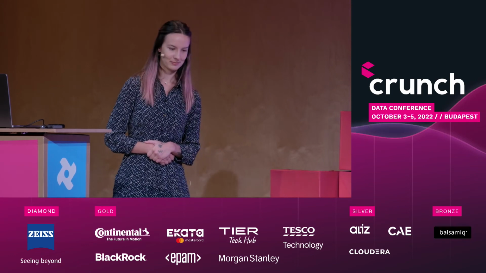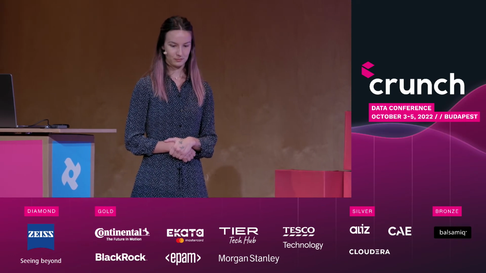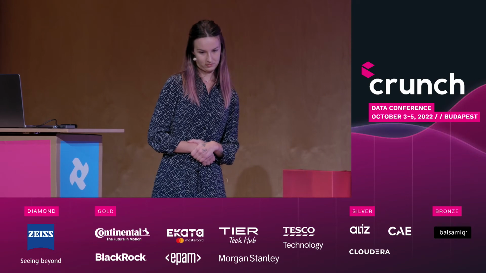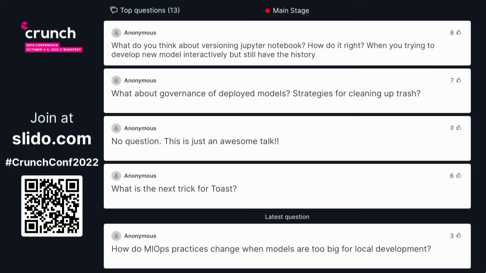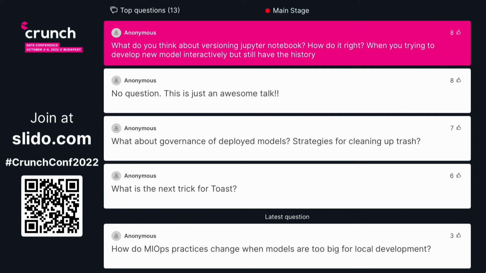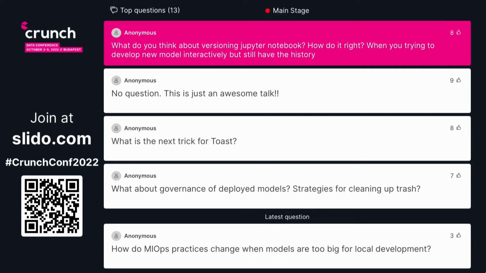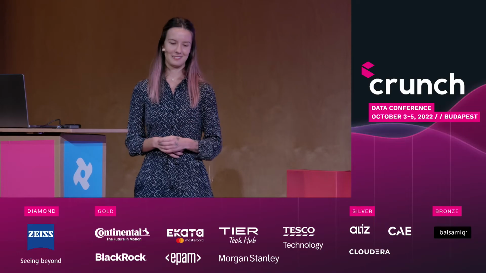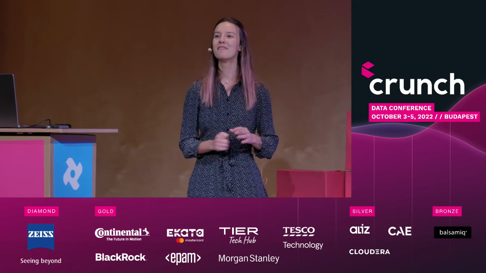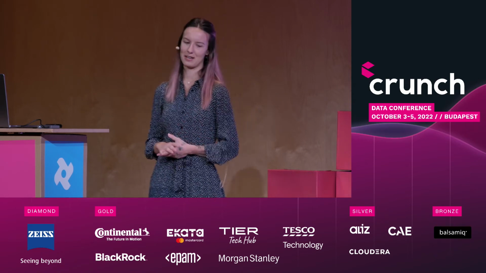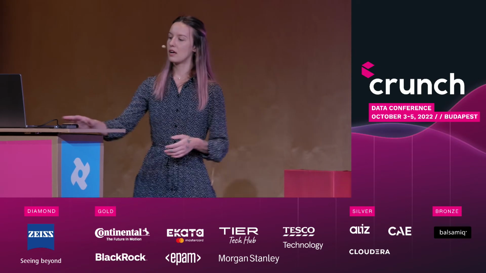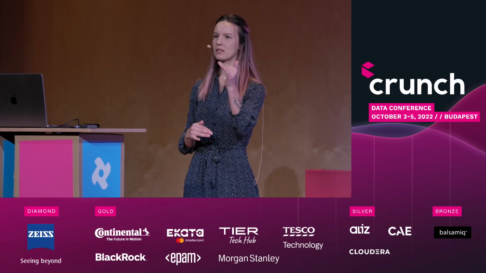Great, thank you. Our next question. What do you think about versioning Jupyter Notebook? How to do it right when trying to develop a new model interactively but still have the history? Do you know what they're getting at there? I'm going to try. If this is not the answer you're looking for, feel free to reach out; on the website, I have plenty of ways to reach me online, and I'm happy to talk about this. So Vetiver itself is not necessarily interested in versioning the whole Jupyter Notebook.